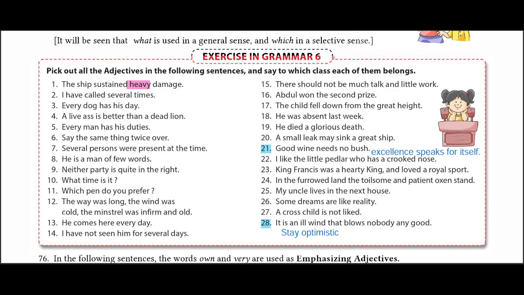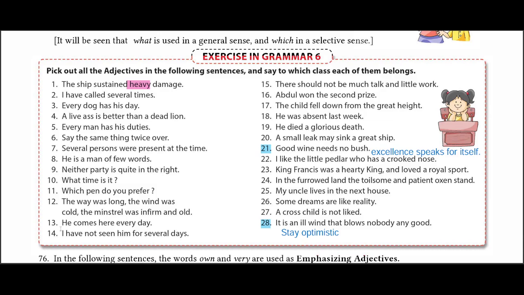Wind was cold, cold is an adjective of quality describing wind. Infirm and old, both these adjectives are describing minstrel. They're telling the quality of the minstrel, which is a noun. So infirm and old both are adjectives of quality.